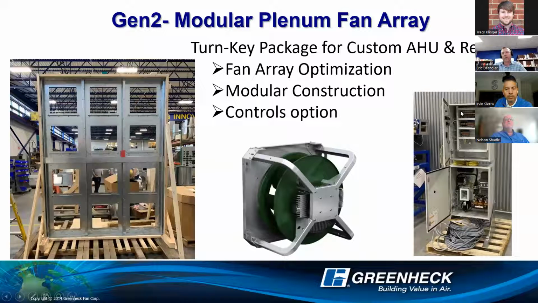Or a control system can be set up so that the building management system still thinks it's one fan, and it just says, I need this pressure set point or I need this volume, and then the control sequence will tell the fans to run at a given speed, and if one fan goes down, it would speed the rest of the fans up. So there's two ways that you can set the controls up. Basically, the building management can run all the fans individually or still pretend like it's one fan and have the controller do all the logic to run the fan array.